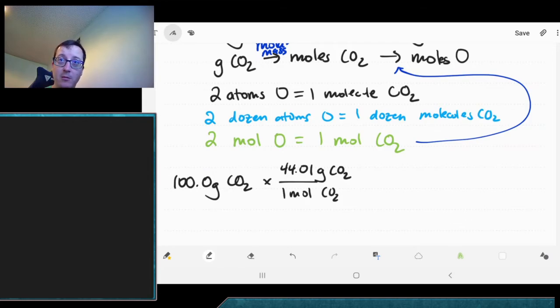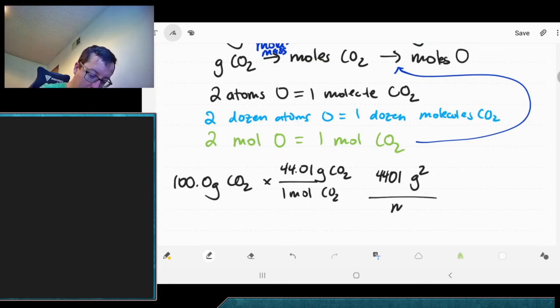Not going to put it there. The reason for that, if we just do this, we'll get 4401 grams squared over mole. What unit is that? Grams times grams is grams squared divided by moles, which is a nonsense unit.